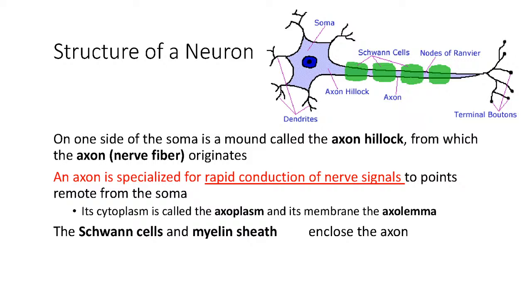All right, so yeah, this axon can be pretty long, can travel to places remote or distant from the neurosoma. So one of the key features of a neuron is actually that the signals are able to be conducted rapidly, right?